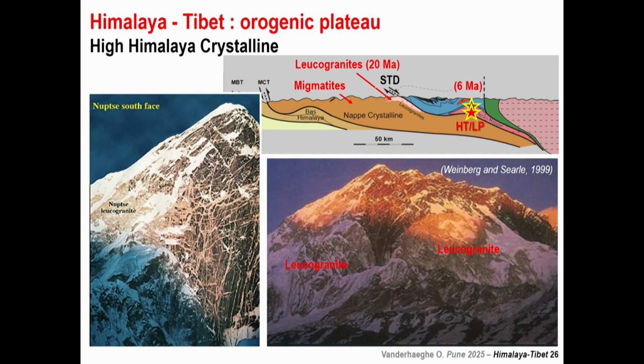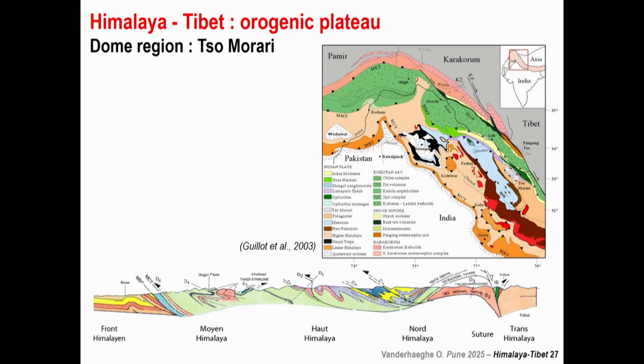And now we're going to move to the dome region that is north of the South Tibetan detachment. In between you have the Tethyan sediments that are folded, refolded. There we can still identify the bedding, so metamorphic grade is lower.